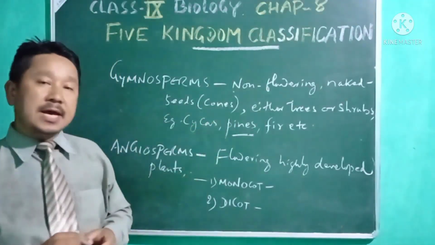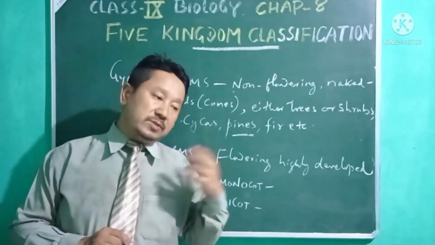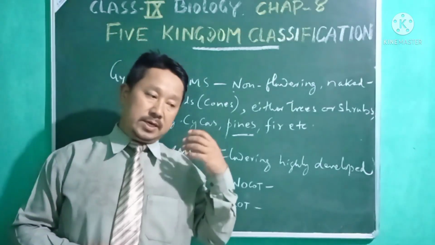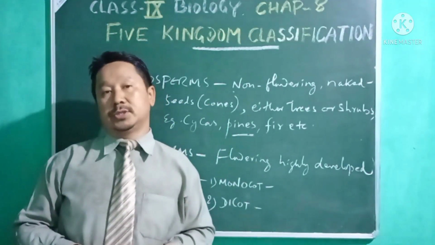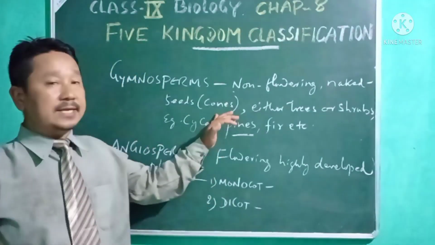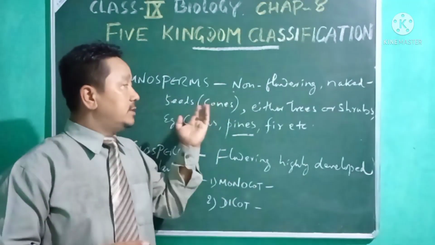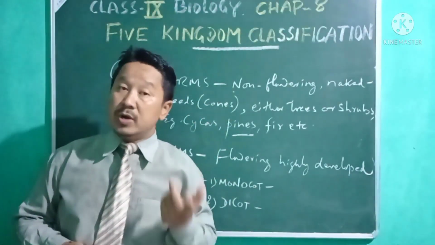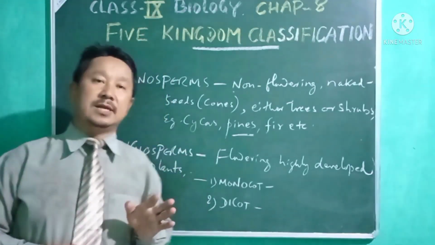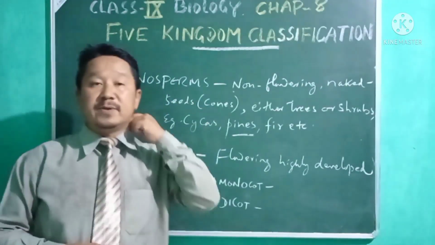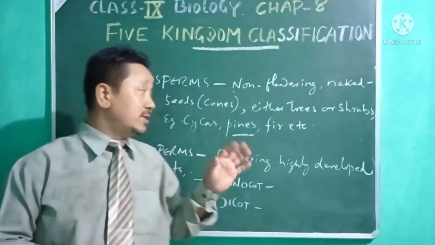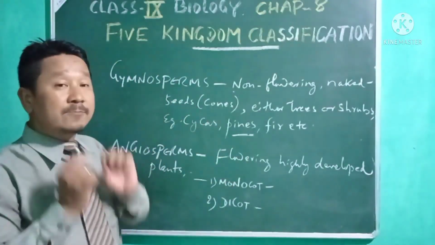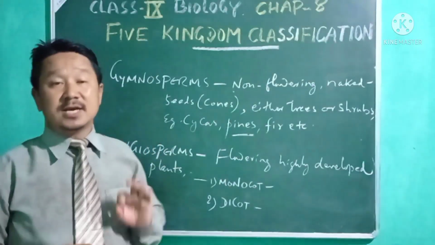And these cones are both male and female. That means there may be male cones or female cones. The male cones bear pollen grains, and similarly the female cones bear the ovules. So this is a very important property the gymnosperms have.